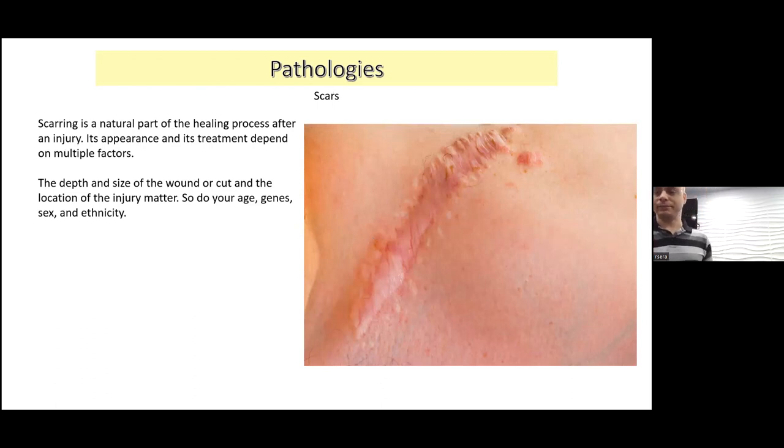Scars. So scars are where the skin tissue has been broken and has been replaced with fibrous connective tissue. So we all know what scars look like. We all understand how we can get scars, right? From cuts and other wounds in the area.